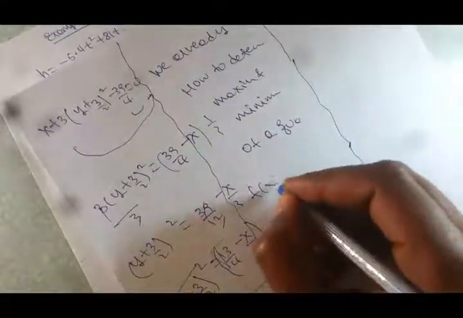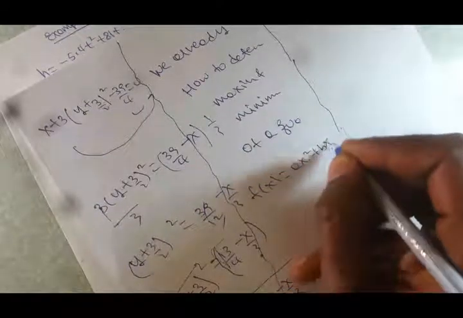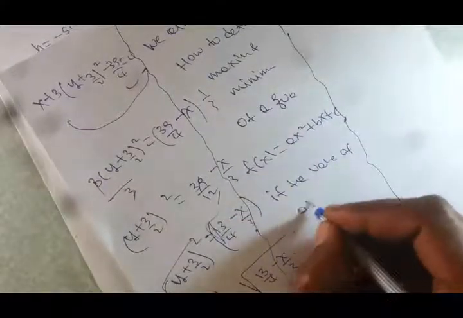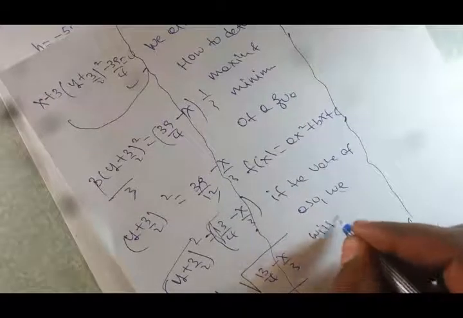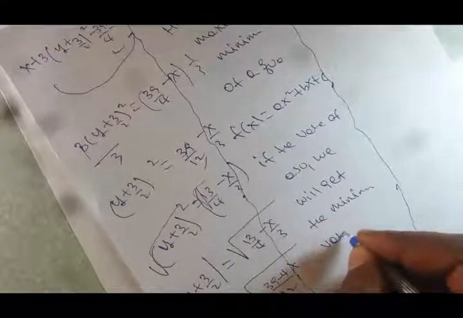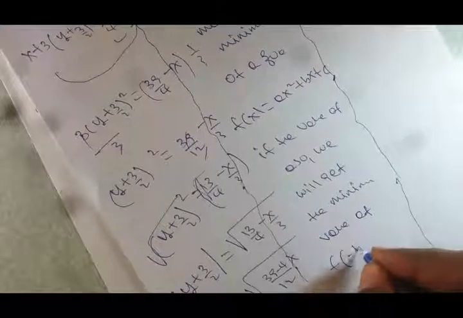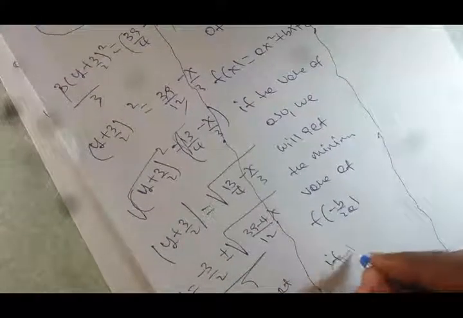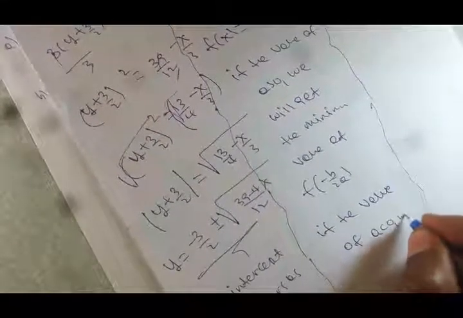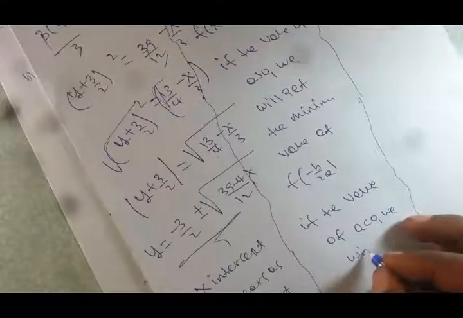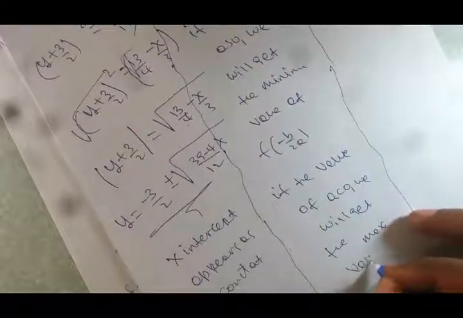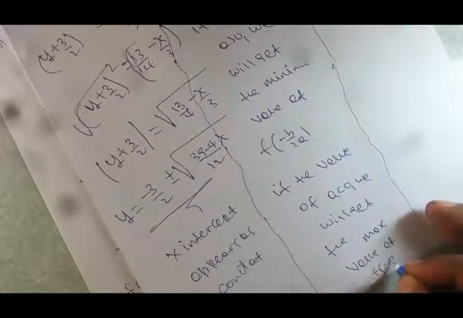For example, f of x is given by ax square plus bx plus c, and if the value of a is greater than 0, we will get the minimum value at f of minus b over 2a, and if the value of a is less than 0, we will get the maximum value at f of minus b over 2a.